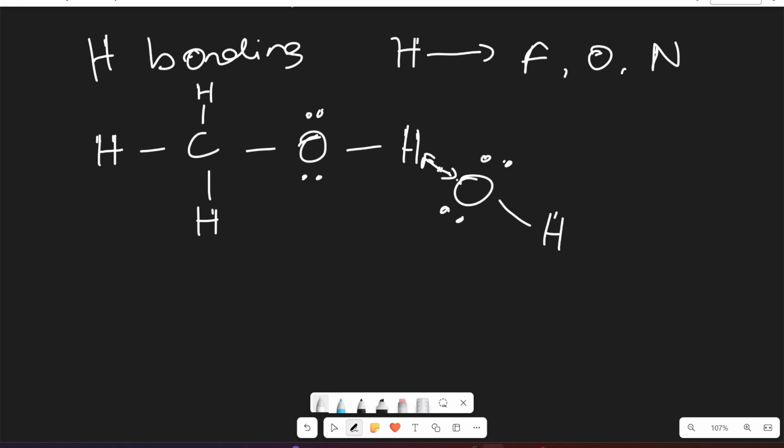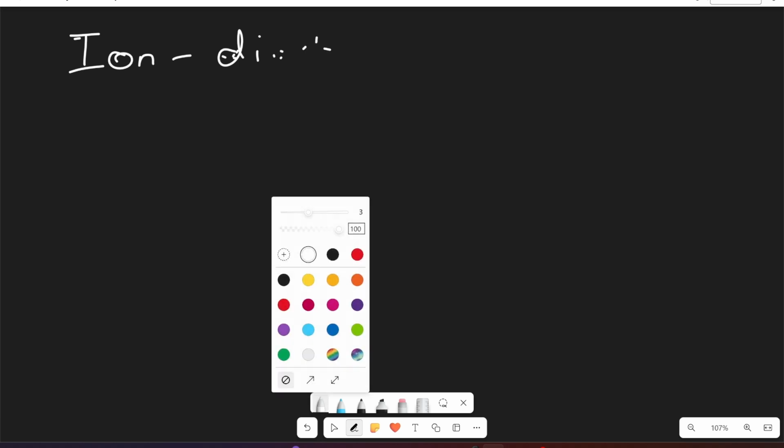terminologies here. And then a couple other kinds of IMFs, we have ion dipole. Sorry about that, I don't know what's going on with the pen.